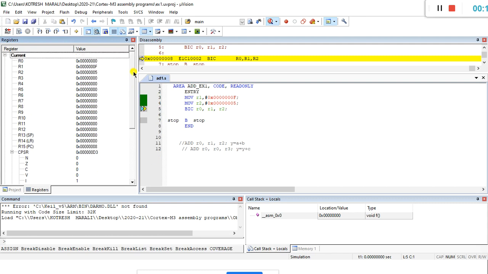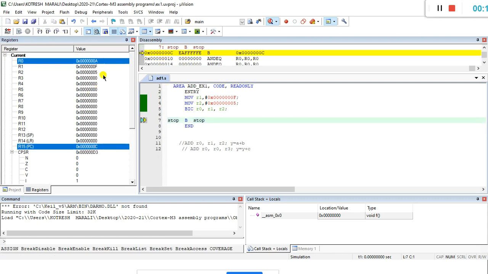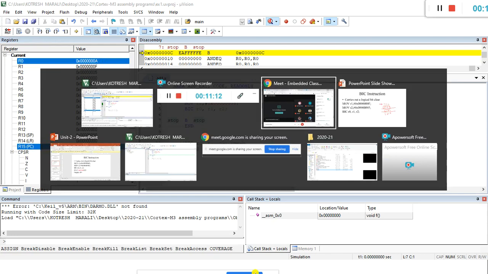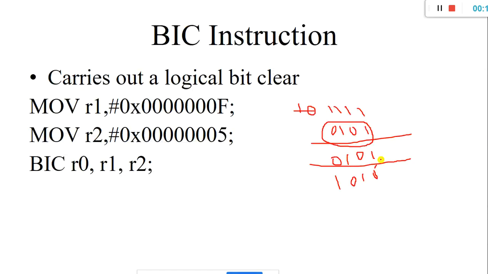Okay, see how the output varies. R0 equal to, yeah, you are getting A. What's happening here? It's the same thing that we performed here. One is to perform the logical AND operation, then negate the output. That's it.